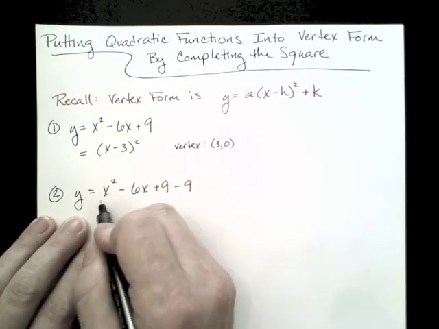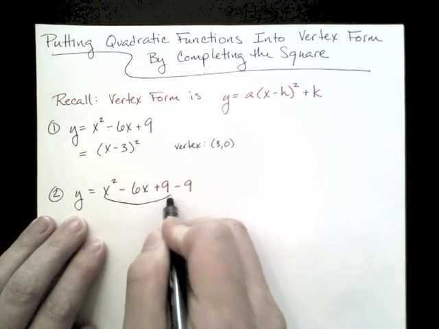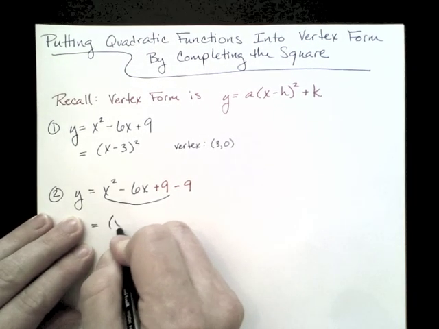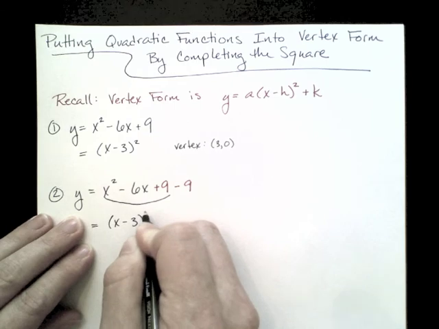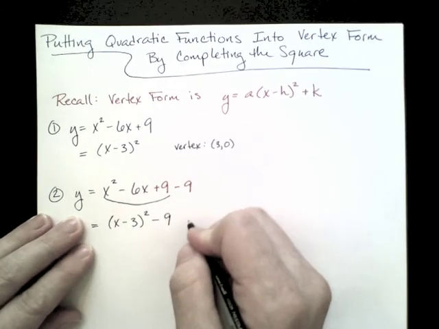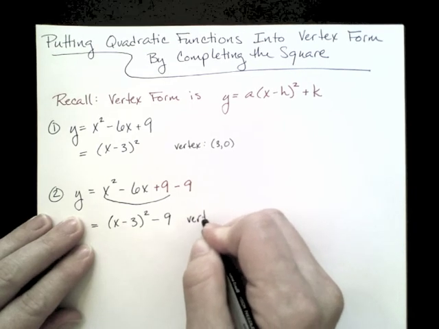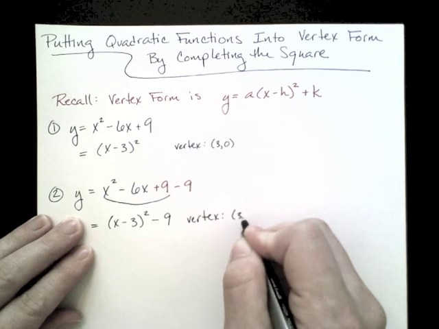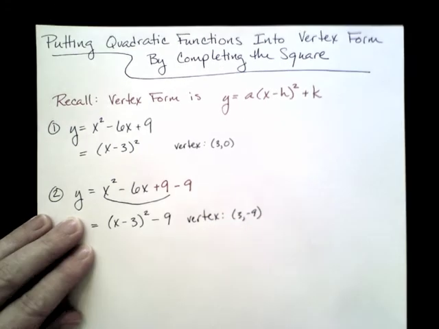So I haven't changed the value at all. And this part right here is my perfect square. That's x minus 3 quantity squared. And then I have a minus 9 on the outside. So for this one, my vertex is 3, comma, negative 9.